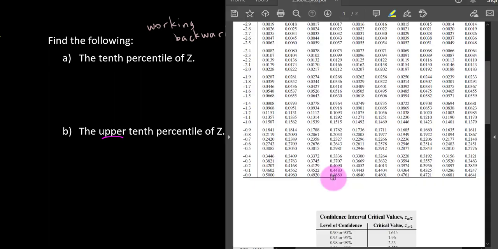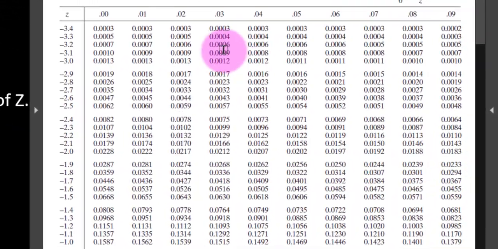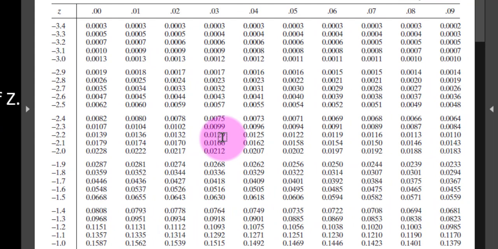Here we go. And 0.10, that's going to be in the left tail, so I am on the negative side here, and I am looking for 0.10. Where are you? I'm getting close. I believe I've found the probability here. It's a little bit bigger, this one's a little smaller, but this one is just a smidgen closer.